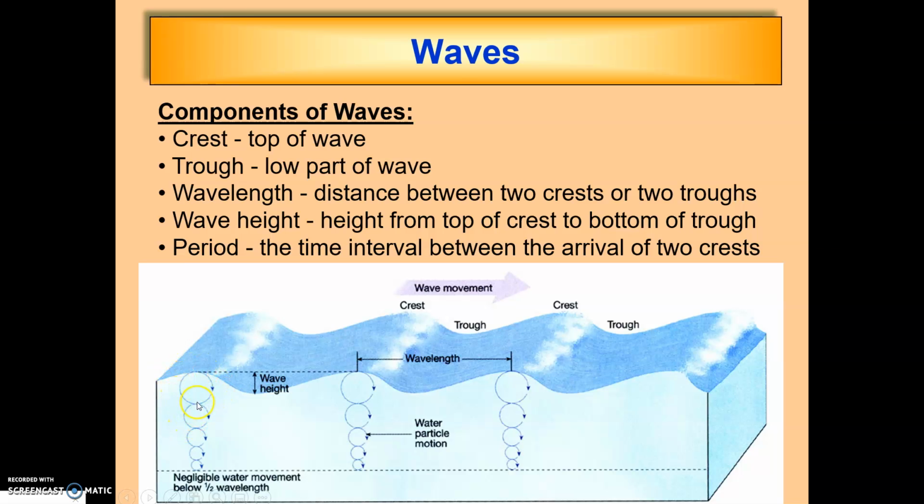As you go deeper in the water column, the diameter of that circle changes. And when the diameter of that circle approaches half the wavelength, that's when we get no more wave action, and that's below this dotted line.